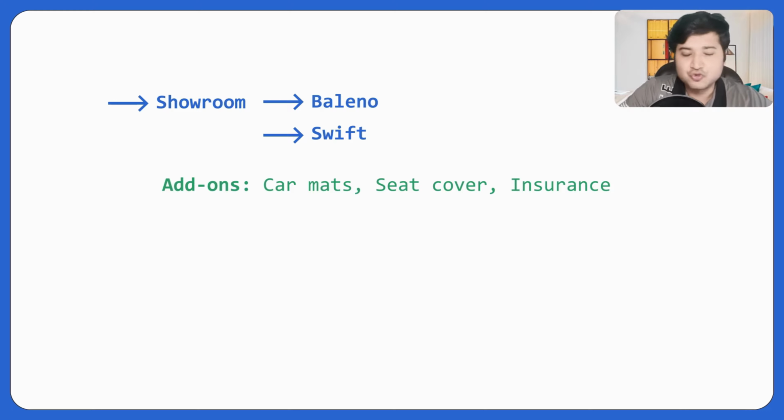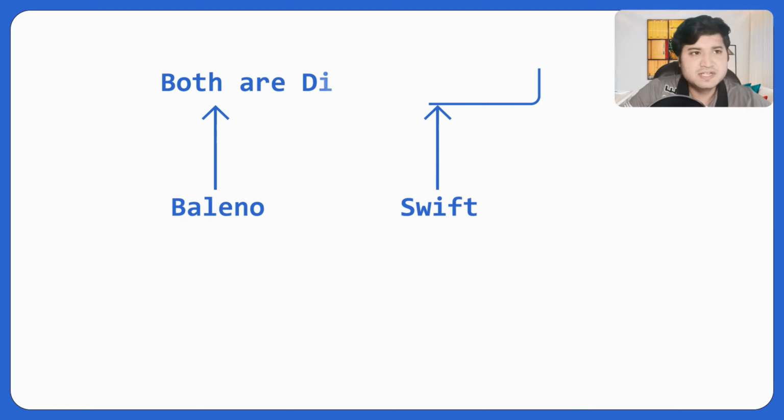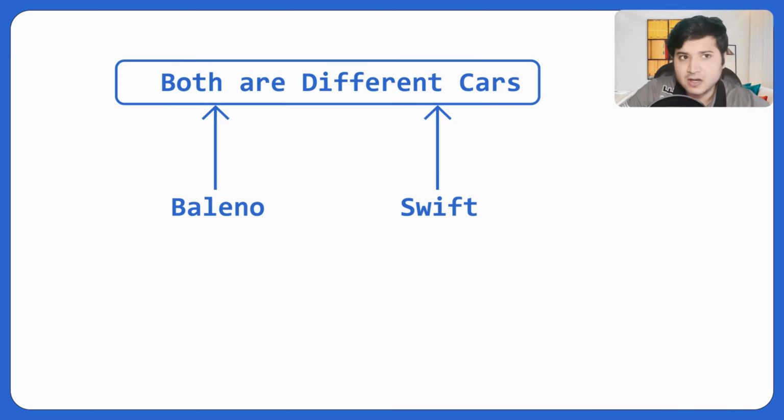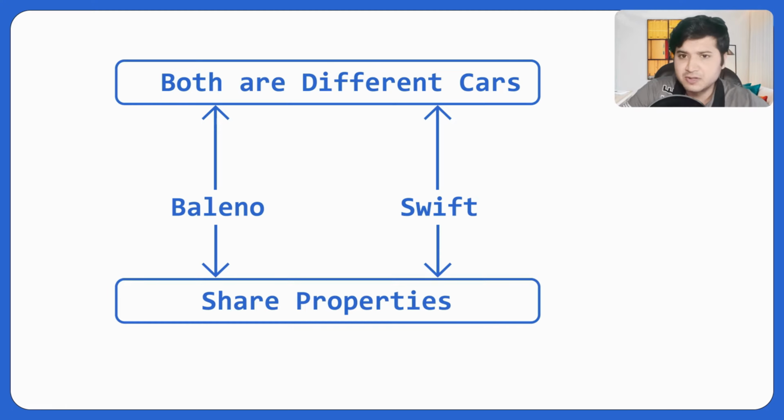Like we proceed with every problem, let's build the class diagram for this. If we start, we'll see that everything is a car. Baleno is a car, Swift is a car. Both of them are different cars, so they would be sharing similar properties.